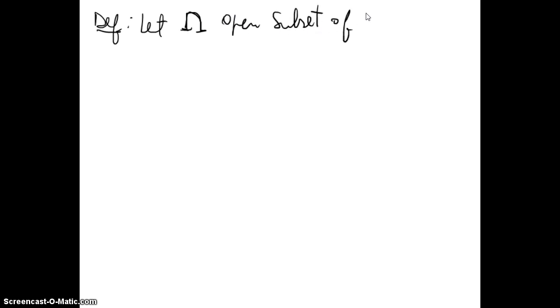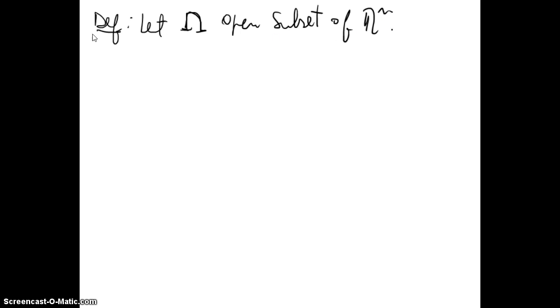Okay, so finally a definition. Let omega be an open subset of R^n.